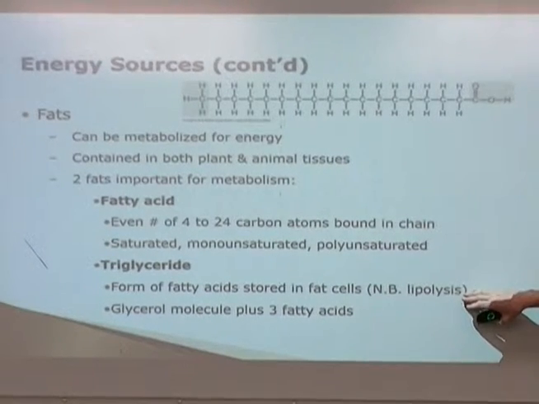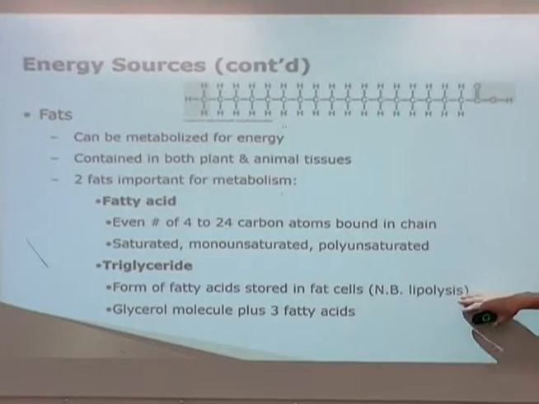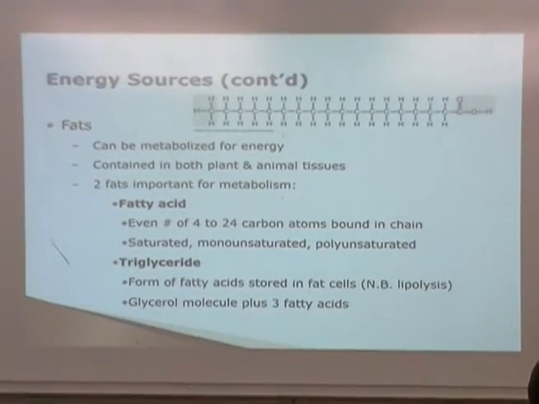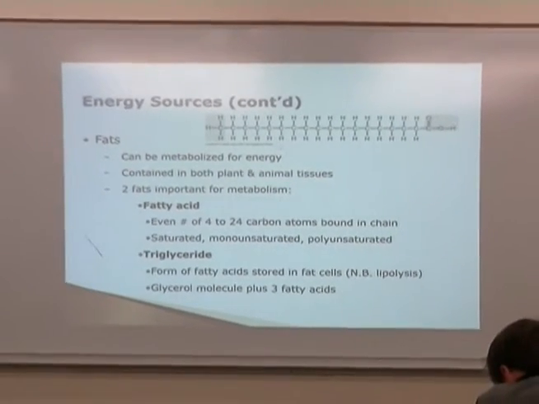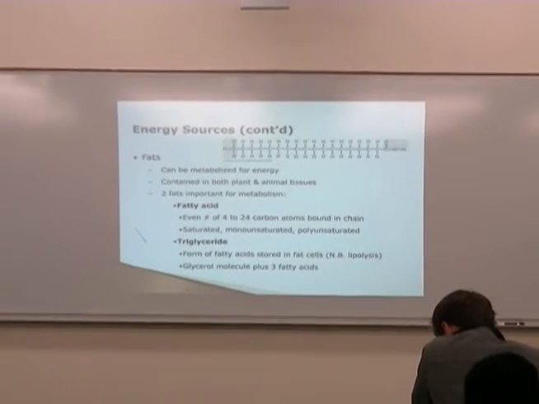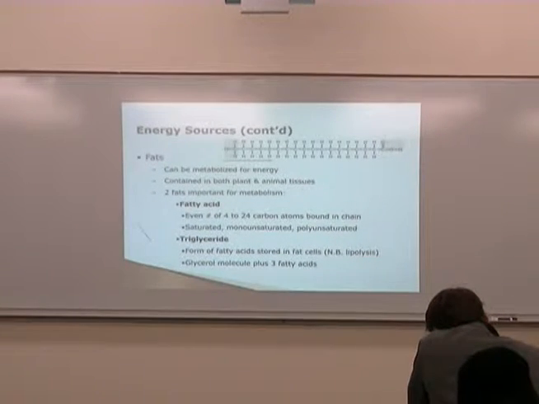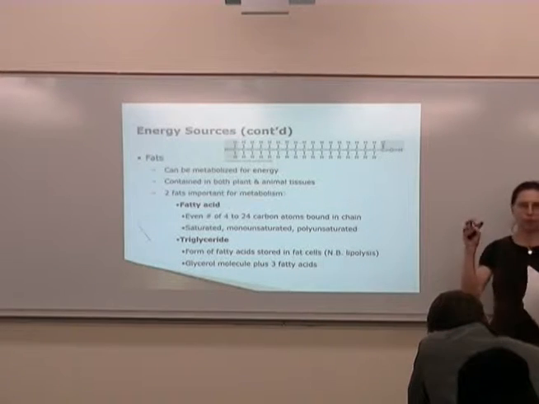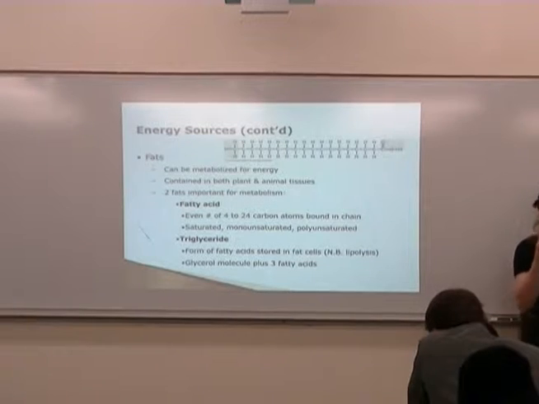So when I'm storing triglycerides, mostly we store them in specific sites, fat cells that are made for holding them. We have some in our muscle tissue. You know, if you get a good steak, it's got that marbling, that's the fat in the muscle tissue. But mostly we store our fat in fat cells.